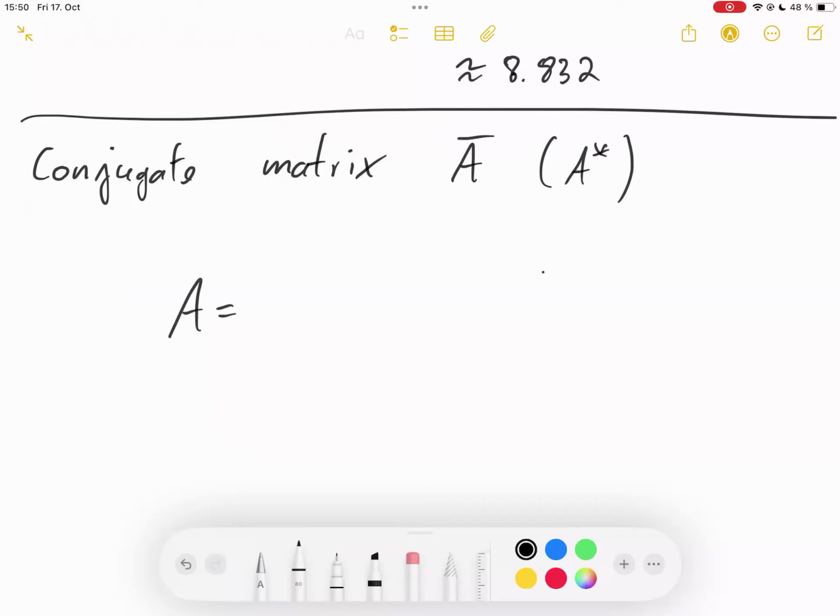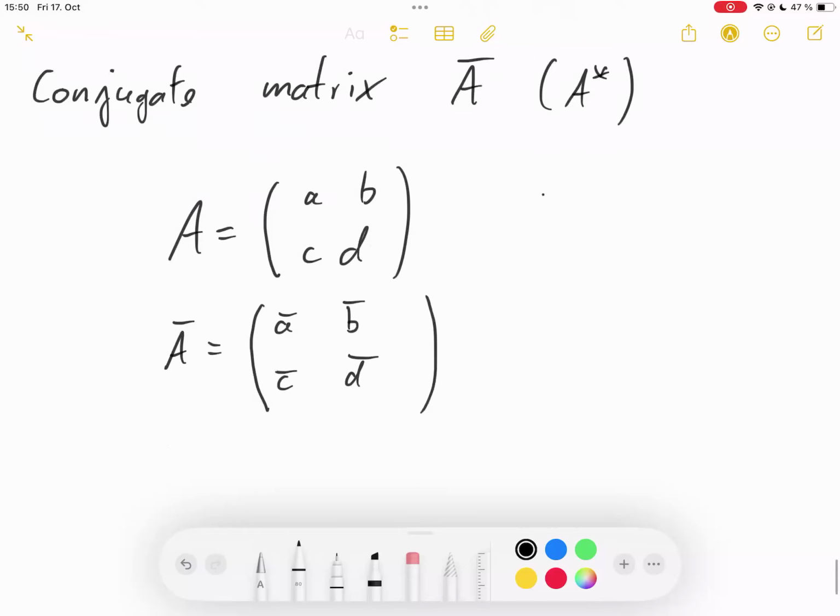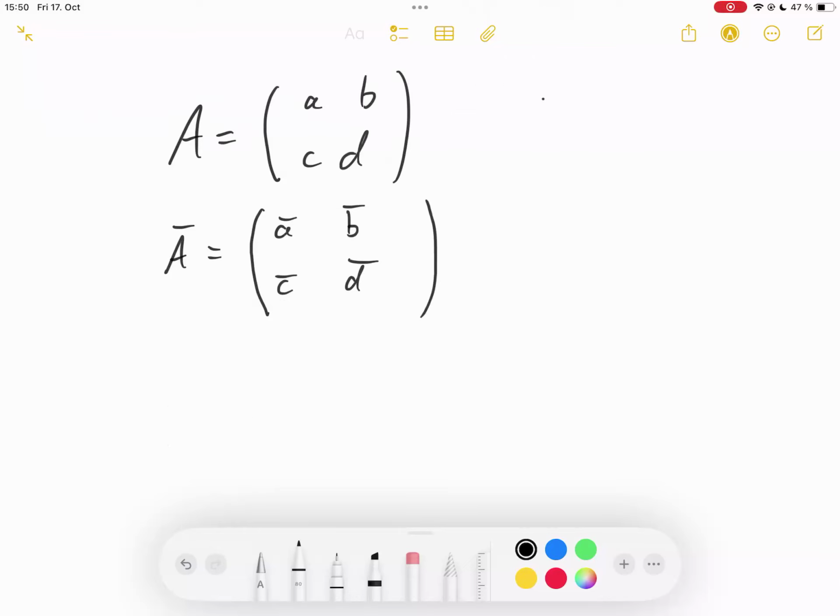Now, if I have a 2 times 2 matrix, just as one example, which has entries A, B, C, and D, and I want to know what's the conjugate matrix of A, so A bar, and elements A, B, C, and D are complex numbers. This would be A bar, B bar, C bar, and D bar. So all I'm doing is I take the conjugate of every entry.